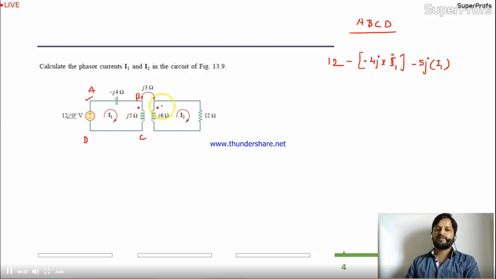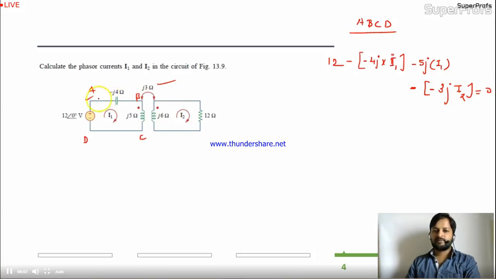At the same stage you are getting another voltage also because of I2, since mutual inductance is given. Minus is for the drop. Are they connected in series opposition or series adding? They are connected in series opposition. So minus sign, and the voltage drop is 3J multiplied with I2, equal to 0. Is it clear to you?